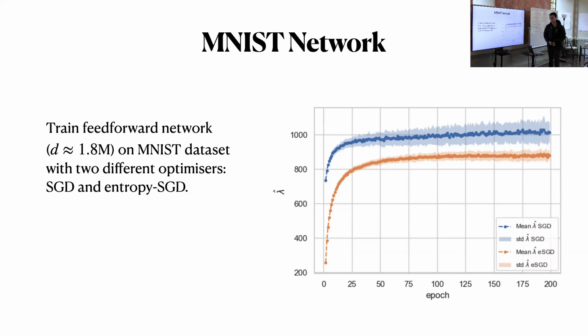Yes. You do this estimation for all of the weights in the network, right? How exactly do you do the posterior estimation there? Right. You have this model and the loss, which is a function of all the weights, 1.8 million weights.